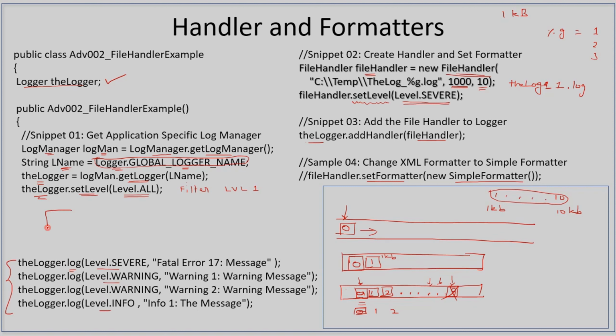Since the application is big, it may have several classes, components and different workflows. At different places we may call different log messages. If there is an exception block, in the exception block we may call severe or warning messages, and if there is some complex programming workflow, there we will call the info messages.